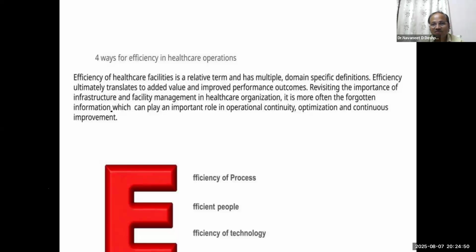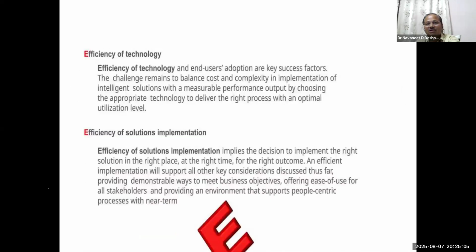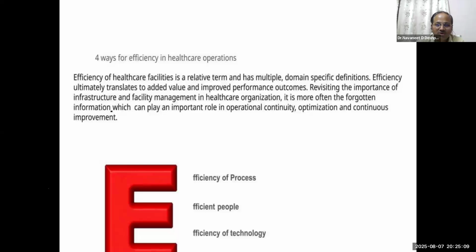Then efficiency of technology. Every now and then there is advancement of technology. You have to adapt to new technology, train them in the new technology, and know all the features of the newly implemented technology. Then the efficiency of resource solutions implementation. So this is what is known as healthcare operations efficiency.